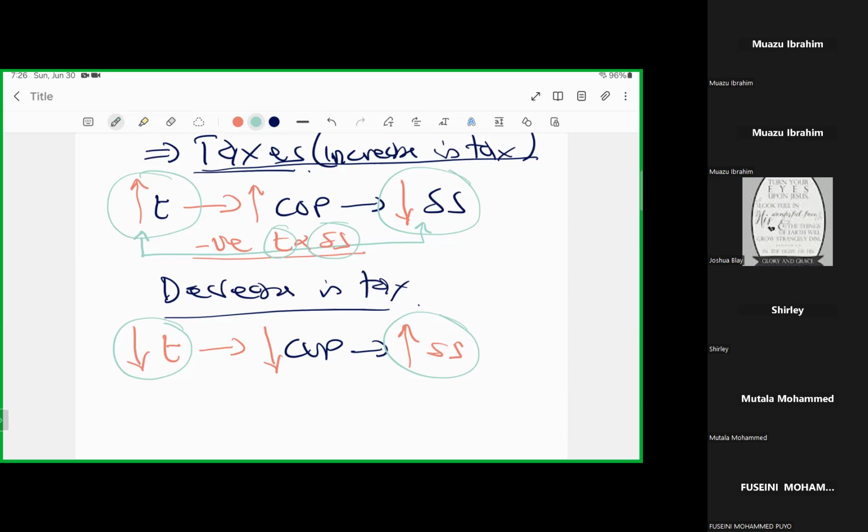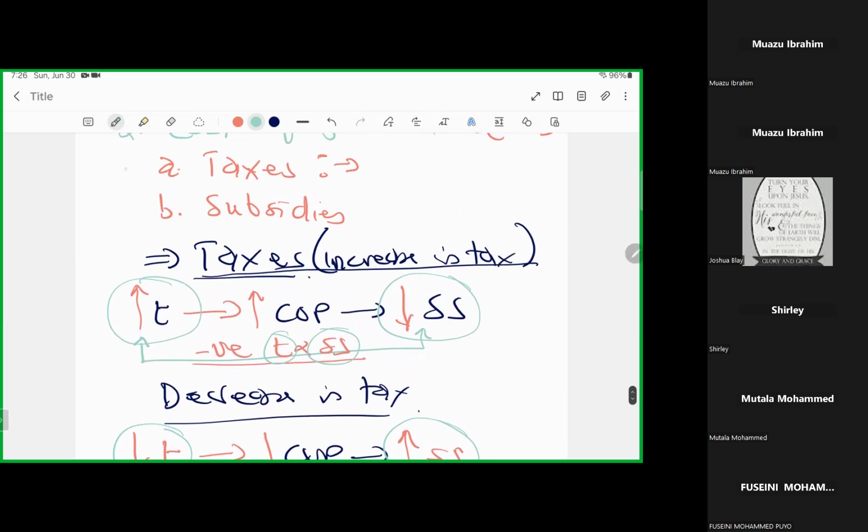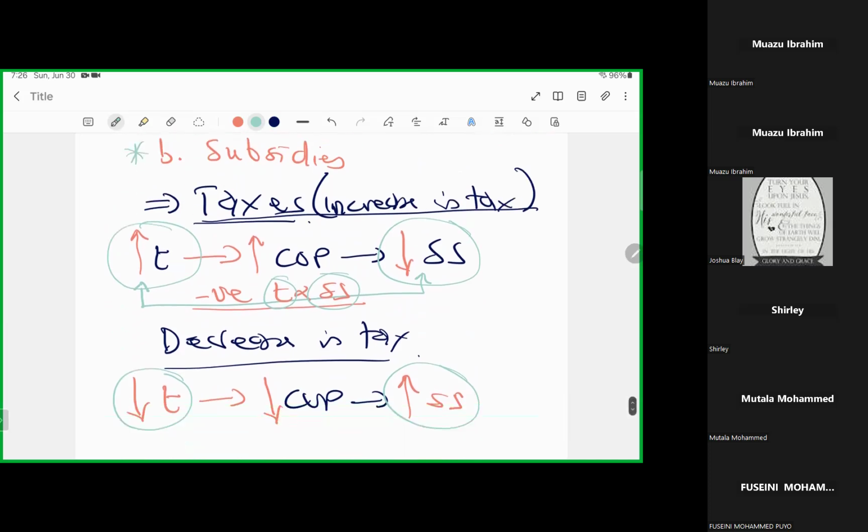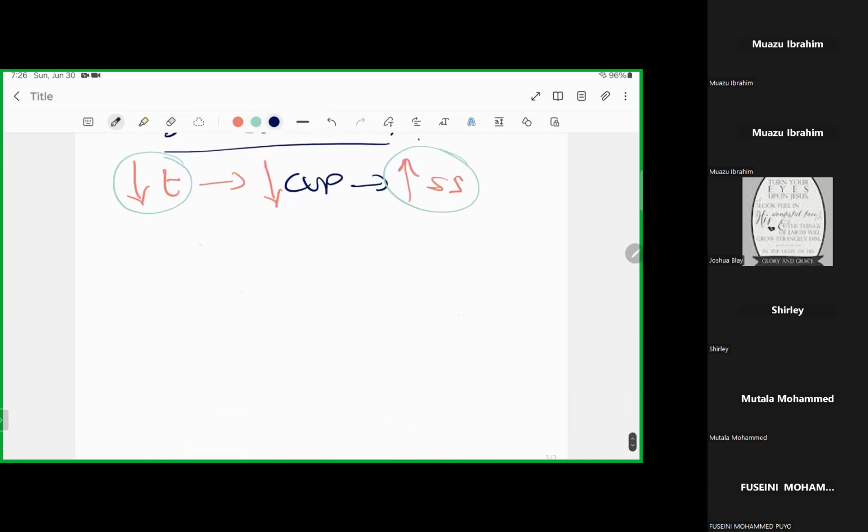So apart from tax as a key factor affecting supply through the cost of production, we also have subsidies. The second one we can look at is the subsidies.